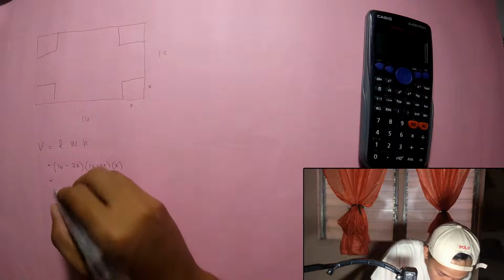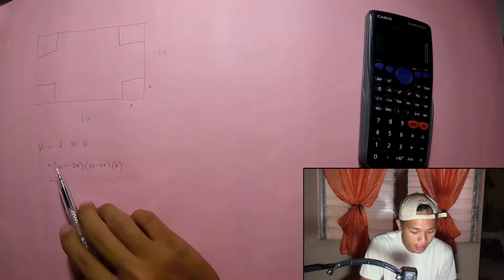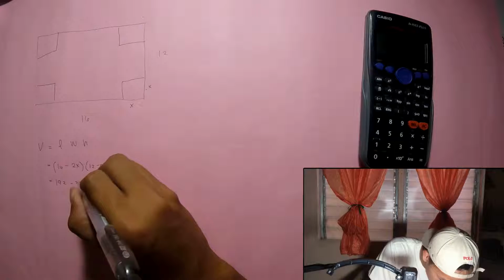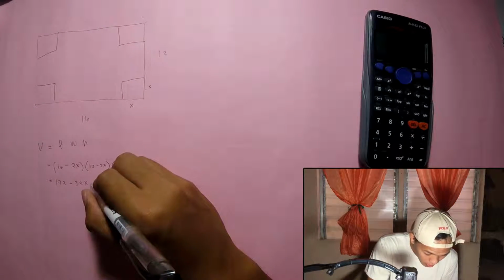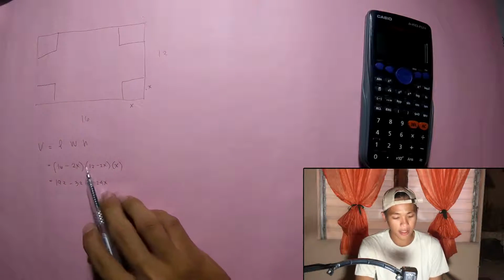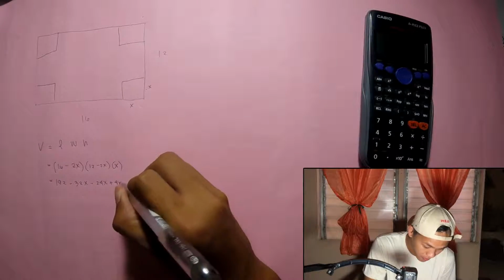So let us do that. 16 times 12 equals 192. 16 times negative 2x is negative 32x. Negative 2x times 12 is equal to negative 24x, and then negative 2x times negative 2x is 4x squared, and then times x.